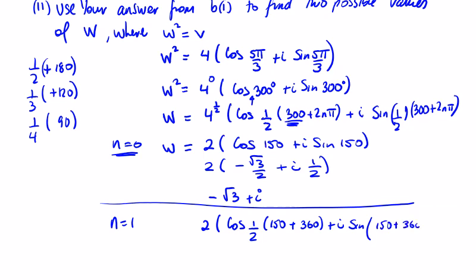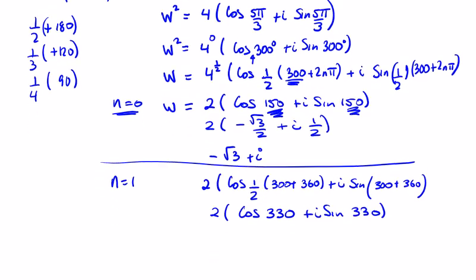Sorry, apologies. If we're going to do it in long form, it's probably easier to do it the other way, 300 plus 360. So it's going to be twice the cos of half of 660, which is 330, which is 180 added to the 150, and then plus i sine 330.